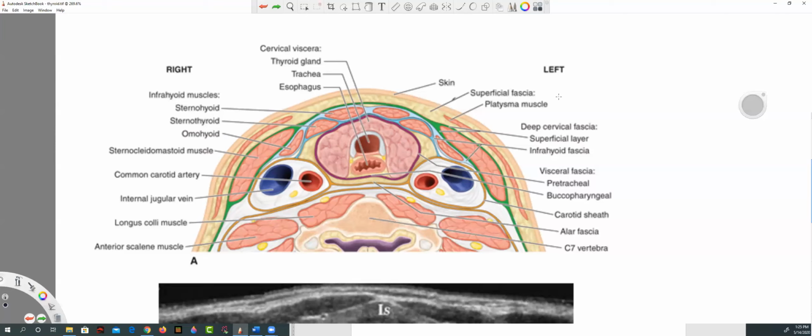Now, we need to know a little bit about muscles here. These are better known as the infrahyoid muscles. These are actually known as the strap muscles.